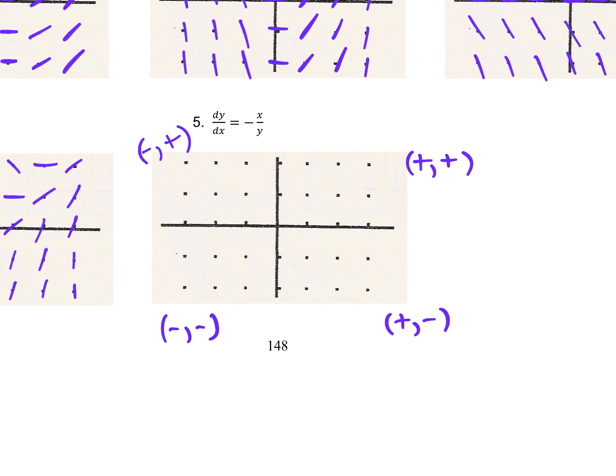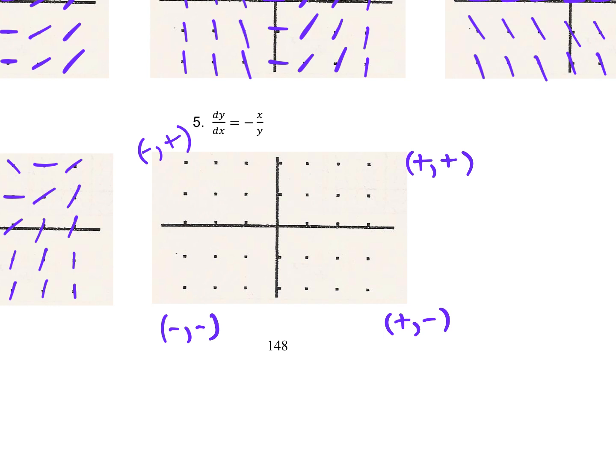When you're dividing to do a slope, it can be really helpful for you to reason that out. It won't tell you the exact number, but it will tell you where they're all positives and negatives. Again, though, I do start with the zeros as much as possible. So if my slope equation on 5 is negative x over y, where is that slope going to be 0?